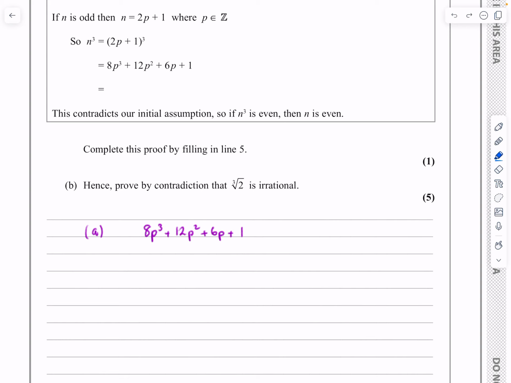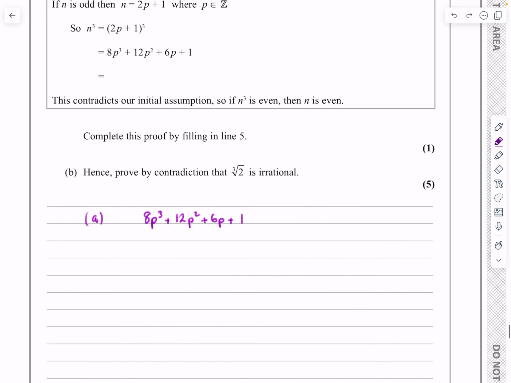So if I factorize that part there, quite clearly, I can take 2 out as a factor, which leaves me 2 lots of 4p cubed plus 6p squared plus 3p plus 1. So that is 2 lots of something plus 1. I don't care what the something is. That is now 2k plus 1, and 2k plus 1 is clearly odd.